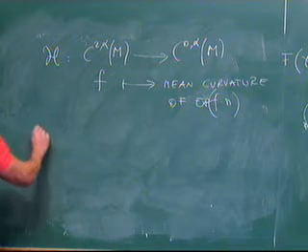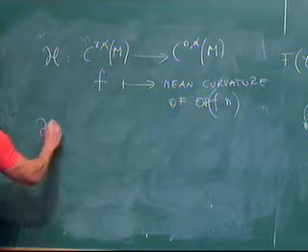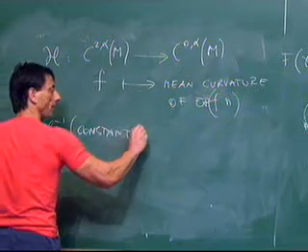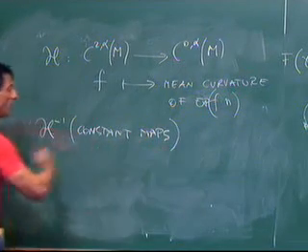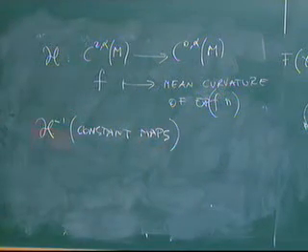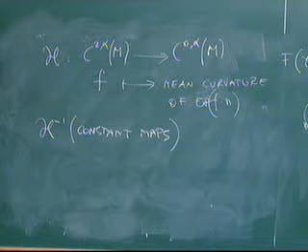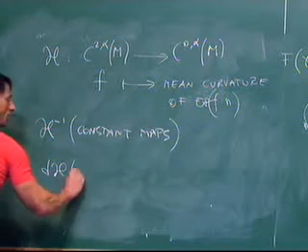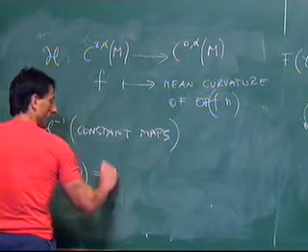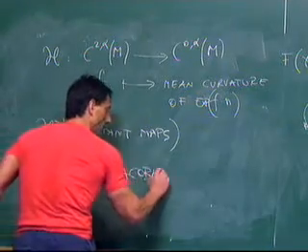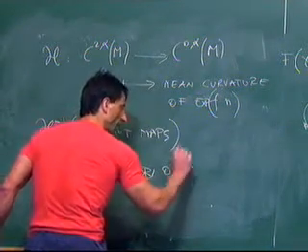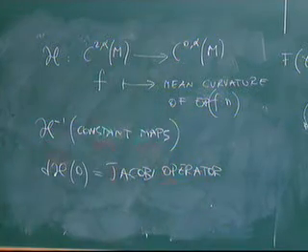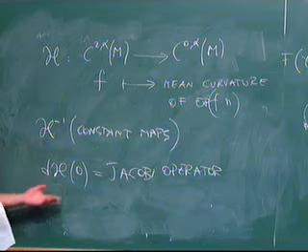What you want to study is the inverse image of constant maps. And the point is that if you compute dh at the point 0, this is the Jacobi operator of the center immersion. And this is not an isomorphism.